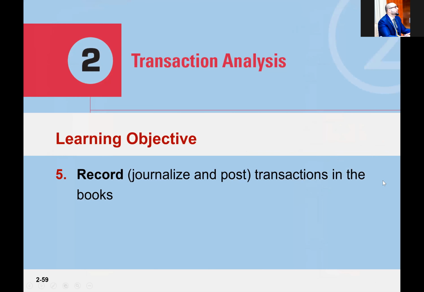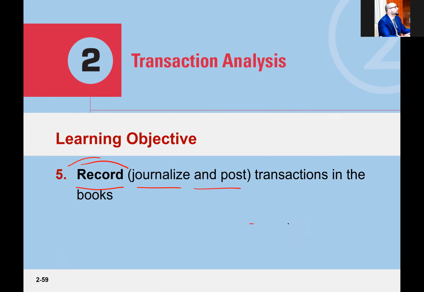Now let's talk about the recording part. Whenever a question asks or accountants talk about recording the transaction, it means journalizing and posting. This is accounting terminology. Recording means you journalize the transaction and post it into its relevant account.